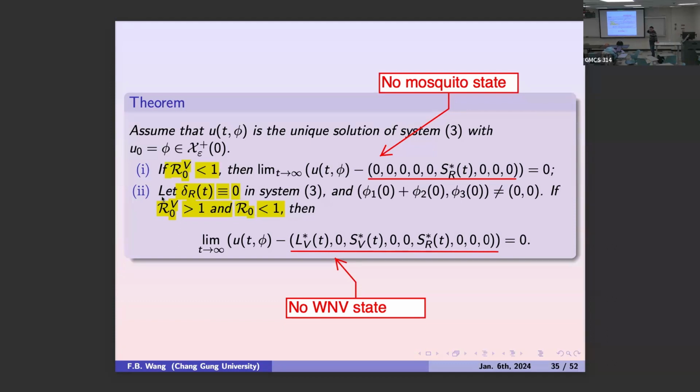Or probably we can have so-called backward bifurcation. I don't know, it's complicated. And for the other case, if the disease index is greater than 1, then we can prove the disease will persist.